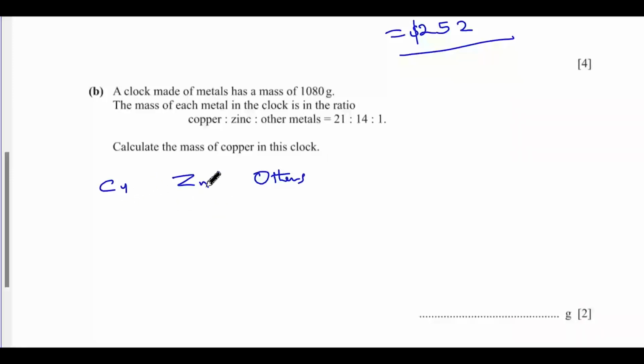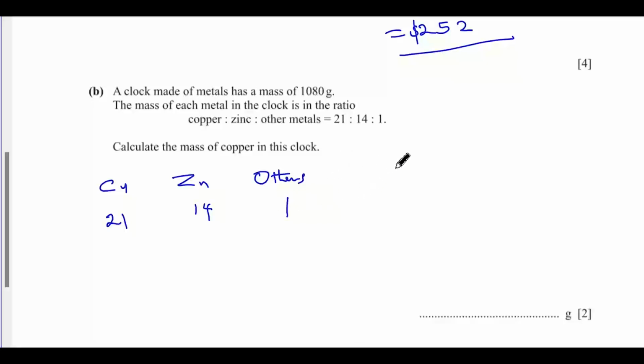Don't worry, we're not doing chemistry here, because Cu is meant for copper and Zn is meant for zinc in chemistry, but these are just symbols. So we have the ratio 21:14:1. Calculate the mass of copper in this clock.